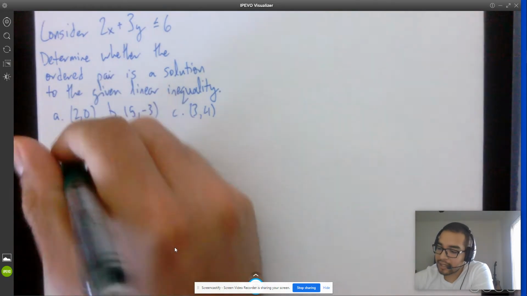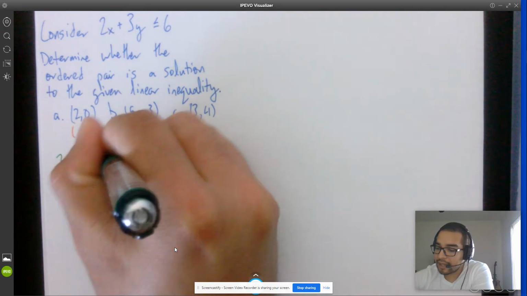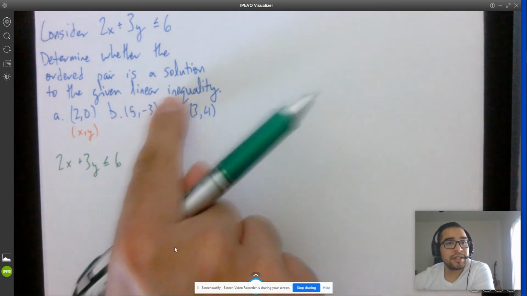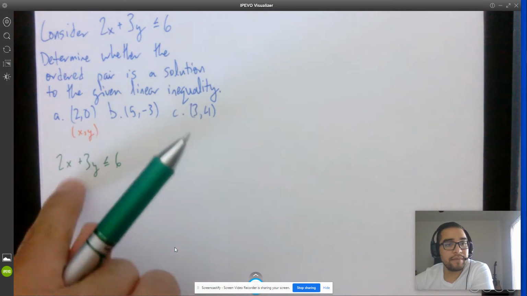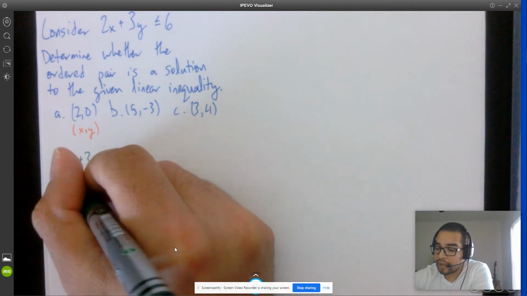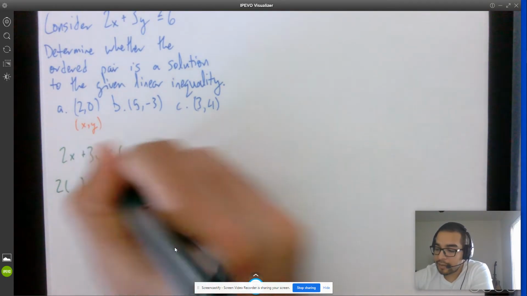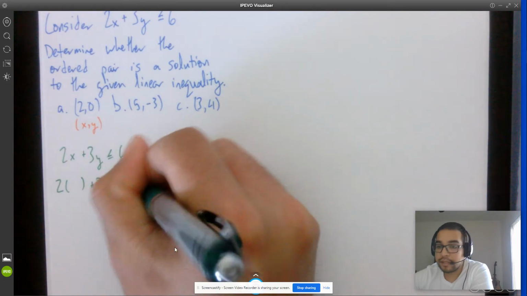So let's take this inequality right here, 2x plus 3y is less than or equal to 6, and I'm going to substitute this coordinate in for x and y. I'm going to leave parentheses wherever there's a variable: 2 times something plus 3 times something is less than or equal to 6.